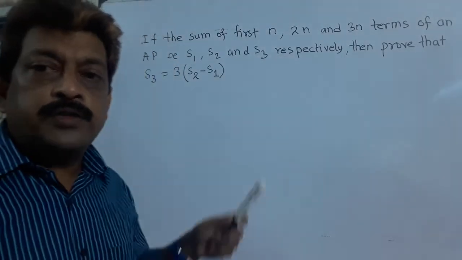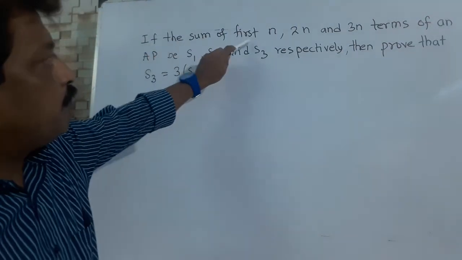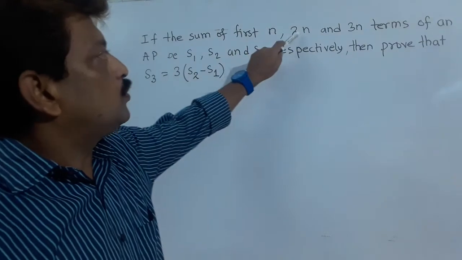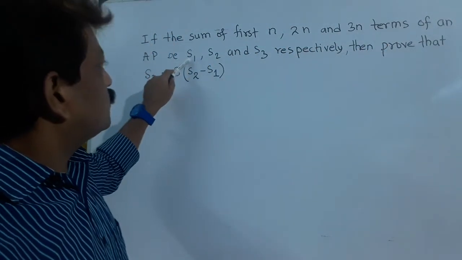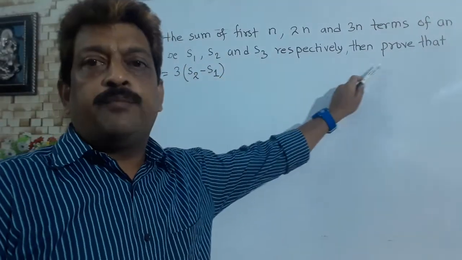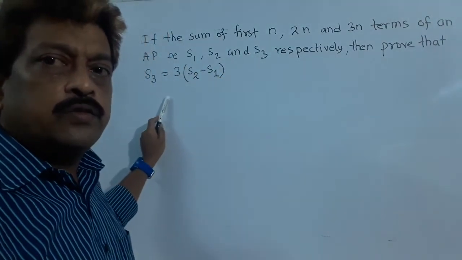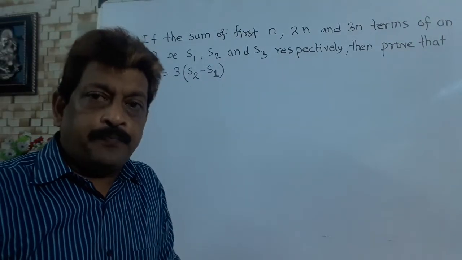So here is the next question. The question is, if the sum of first n, 2n and 3n terms of an AP be S1, S2 and S3 respectively, then prove that S3 is equals to 3 times S2 minus S1. Okay.